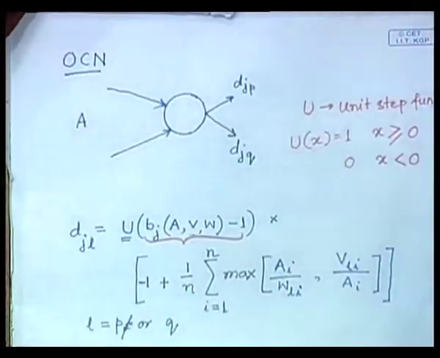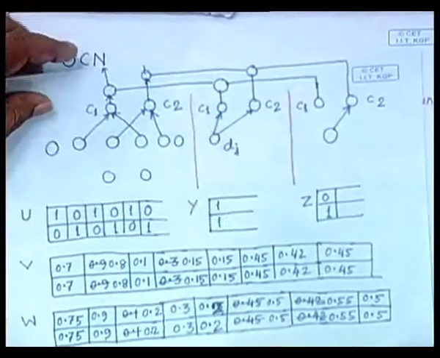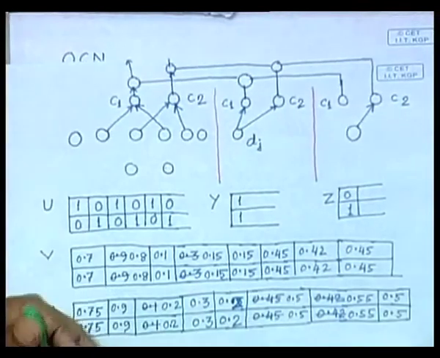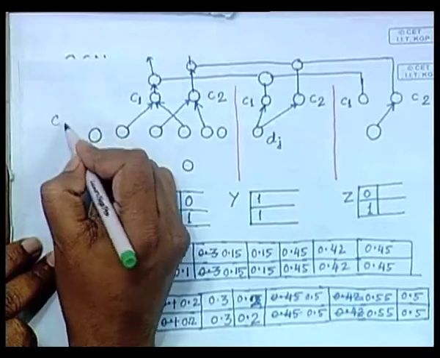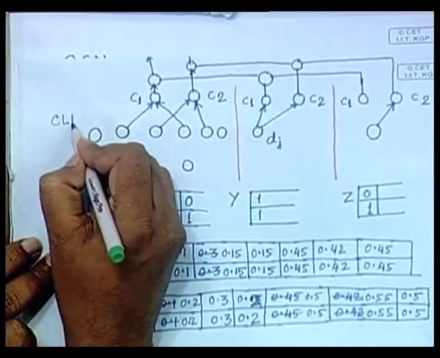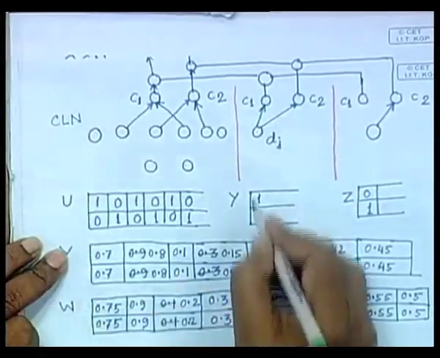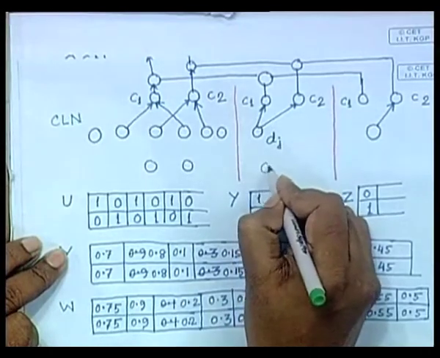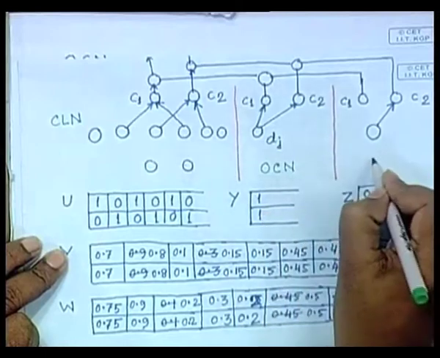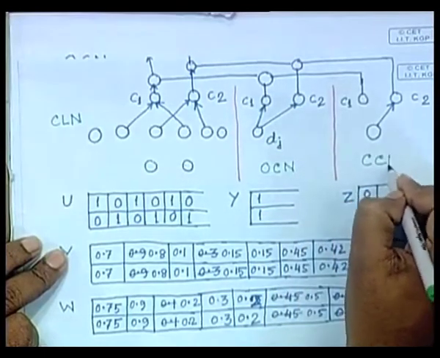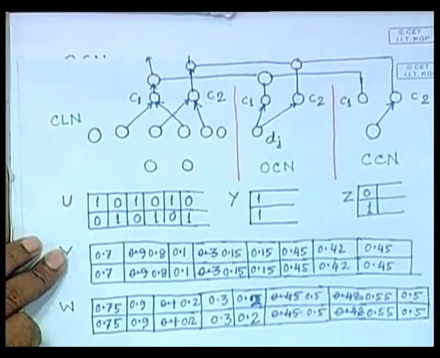Accordingly, I will put it as CLN section, classifying neuron section. This section is an overlap compensation section, and this is CCN, a containment compensation section.